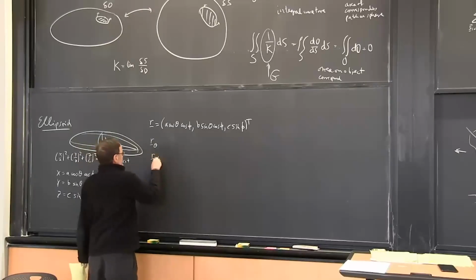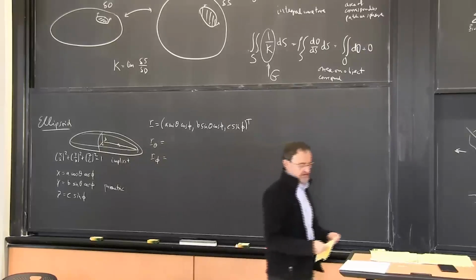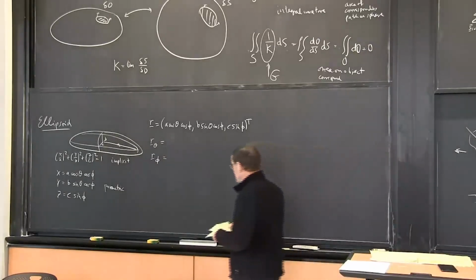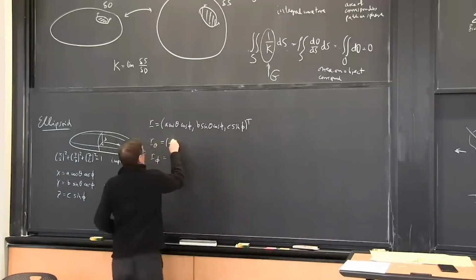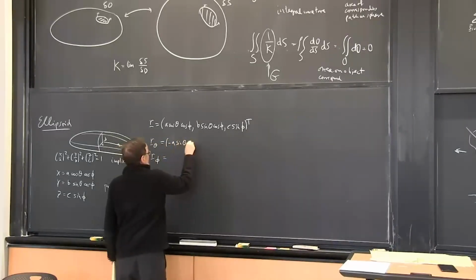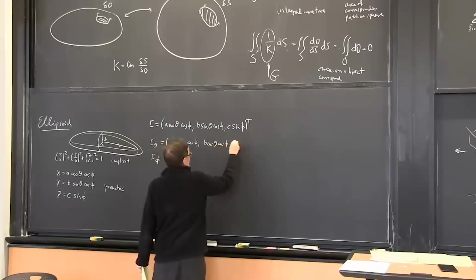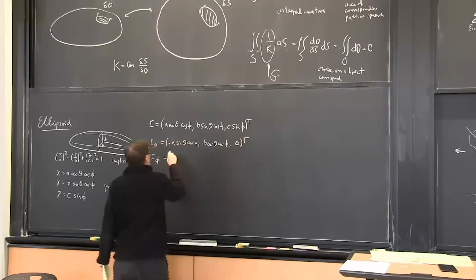So I have two ways of doing that. And that gives me two tangents. And let's see. So there's one.